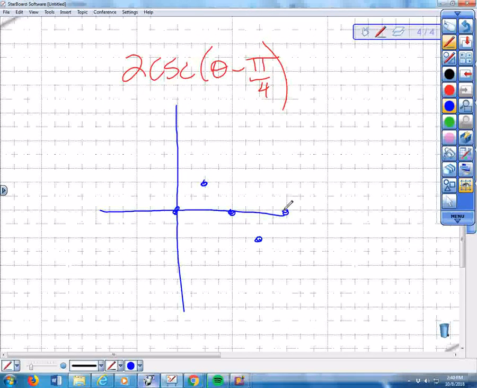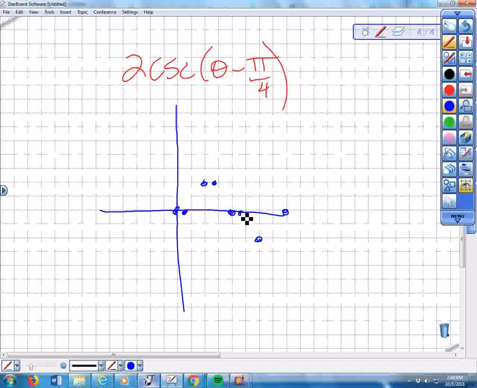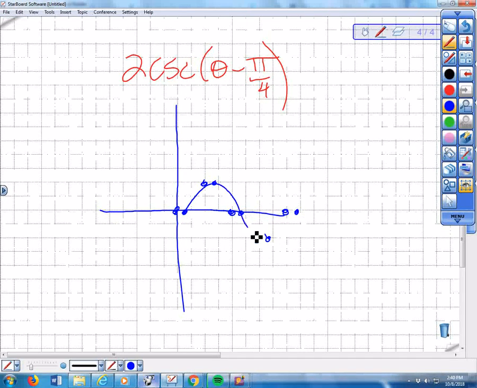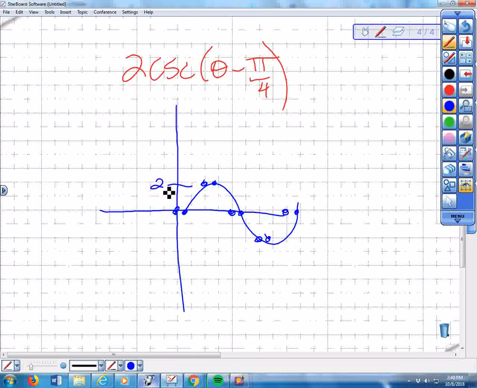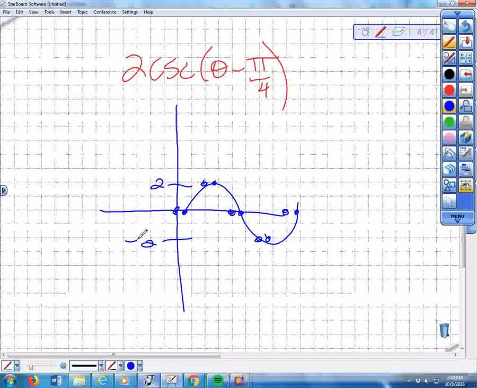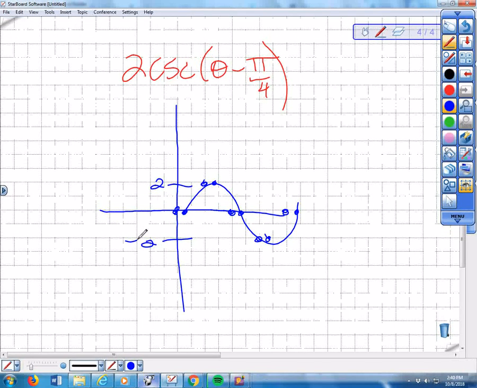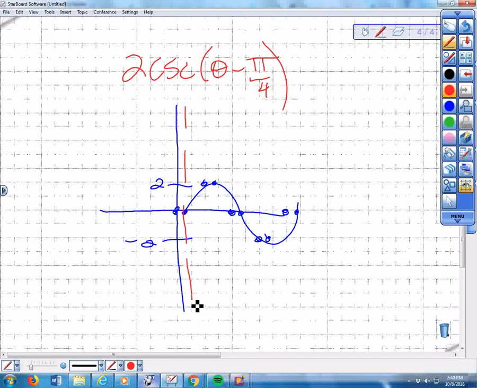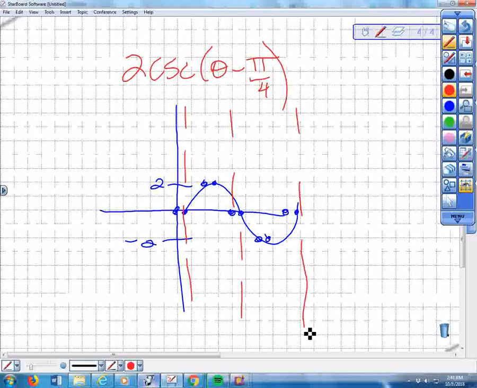So whatever that ends up being, make that the new one. And then this becomes 2, negative 2. So my asymptotes now, instead of being right on the x-axis or y-axis, are supposed to be there, or there.